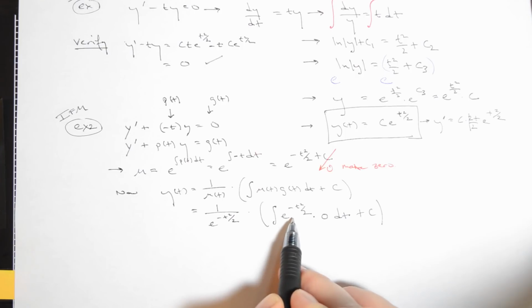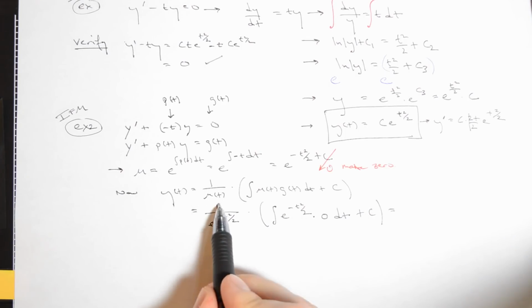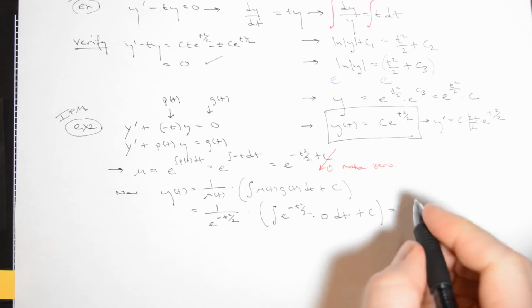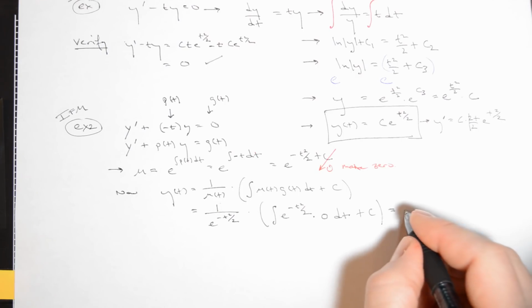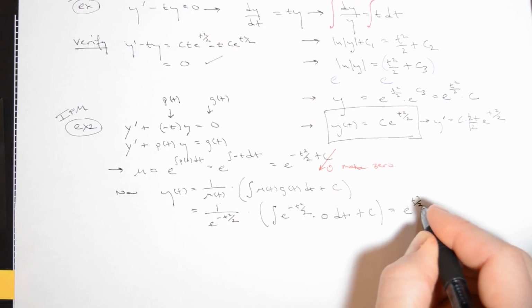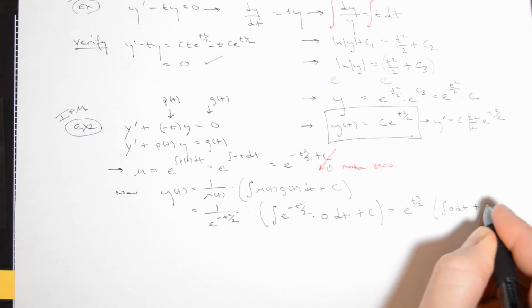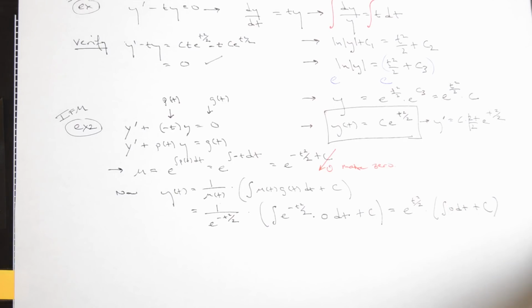0 times this exponential function is just 0, and 1 over e to the minus t squared over 2 brings the exponent to the numerator. So this simplifies to e to the t squared over 2 times the integral of 0 dt plus c. The integral of 0 is 0, and this constant remains.